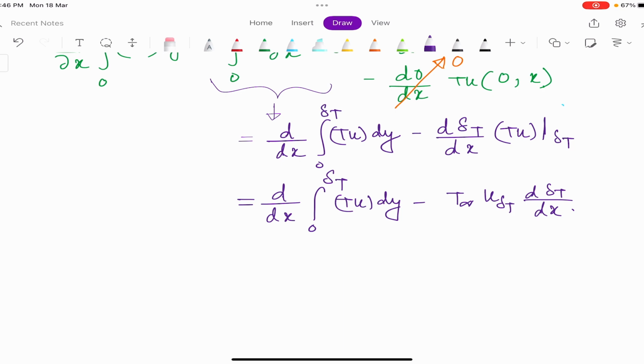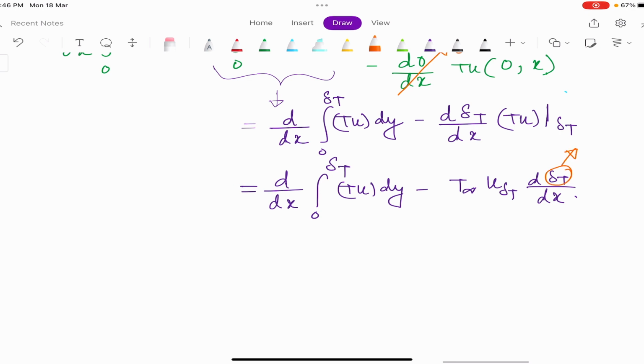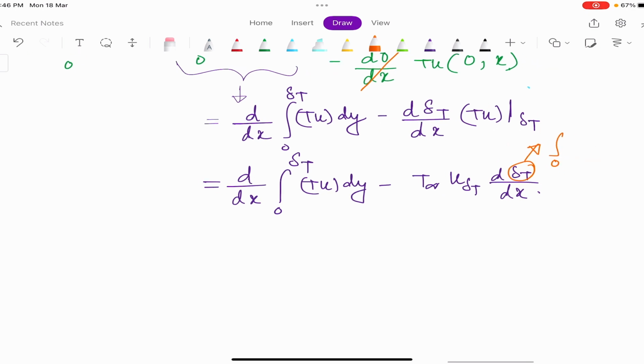Is u at delta t a function of x? Yes, it is. But T infinity is not a function of x, and this delta t I can write as the integral from 0 to delta t dy.